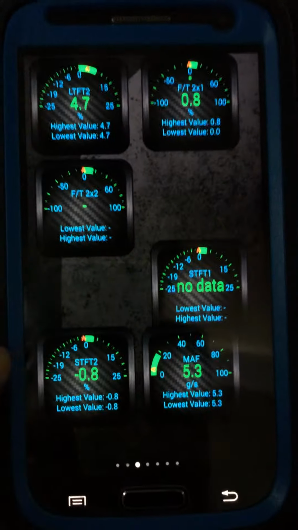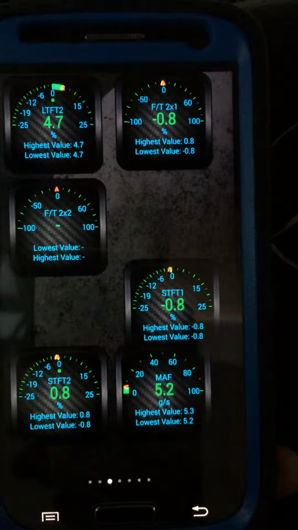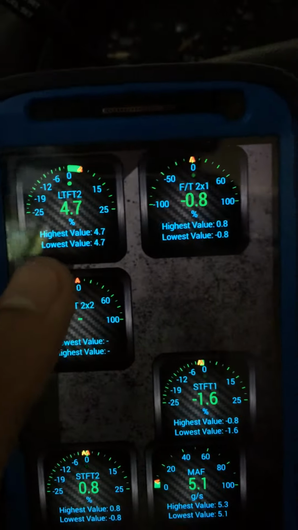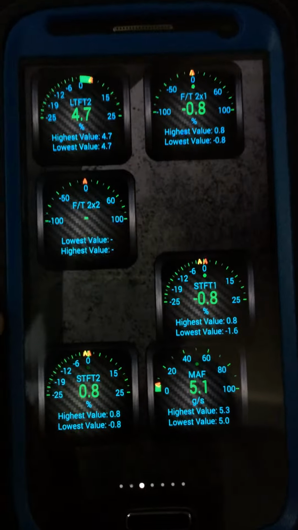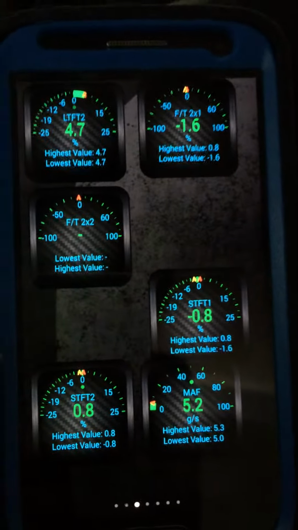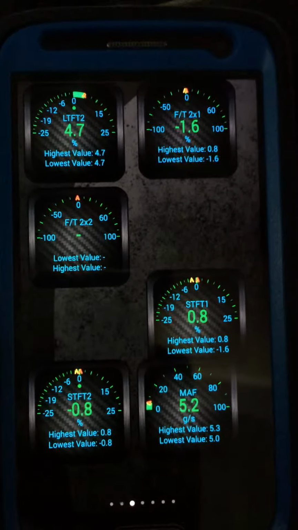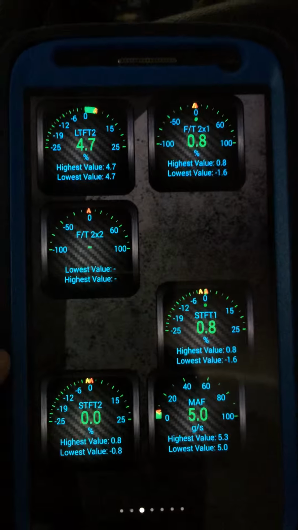So let's look at a different screen. We have the fuel trim. Well, we have the long-term fuel trim, short-term fuel trim, and then mass airflow. I'll blip the throttle again and see, so you can see how it affects these graphs.